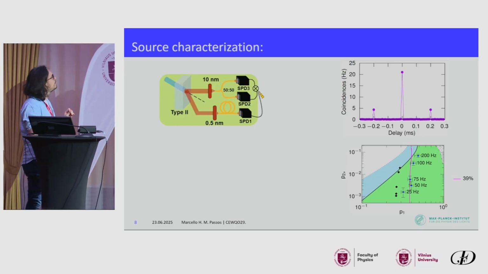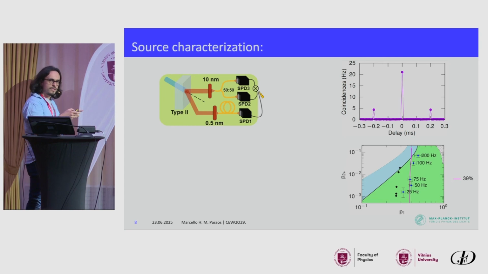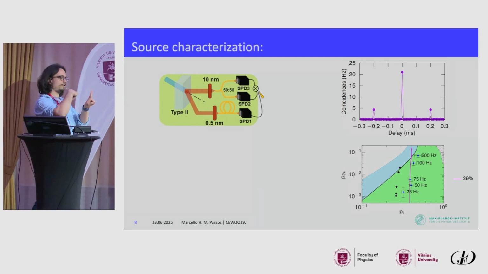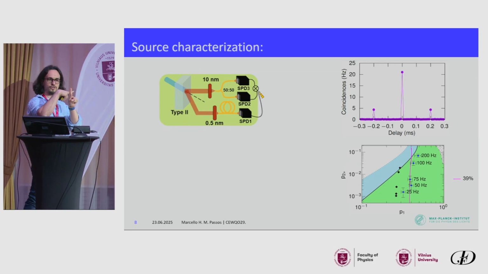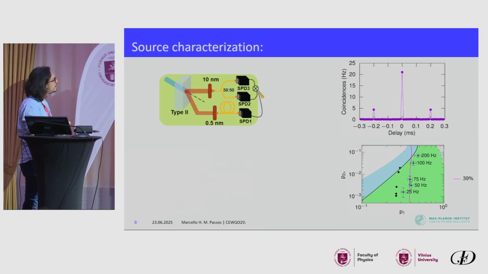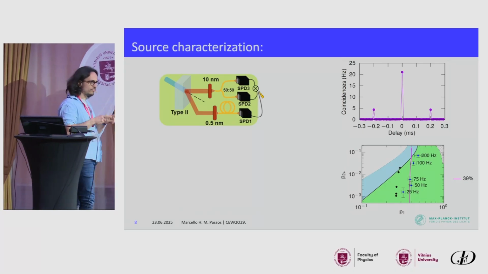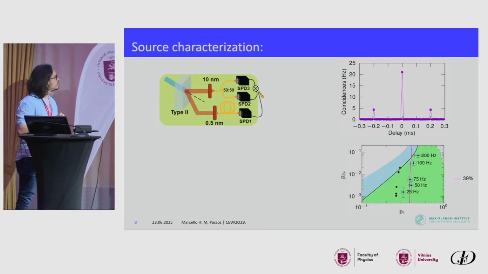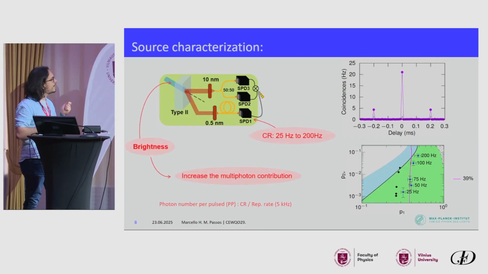We have type 2 parametric down conversion generating photon pairs, degenerate in wavelength, but with cross polarization in signal and idler. One of them is heralding here in this arm, and the other one is sent to the HBT measurement, with two-fold coincidences. So what we do is change the brightness of our source, changing how we pump the parametric down conversion.